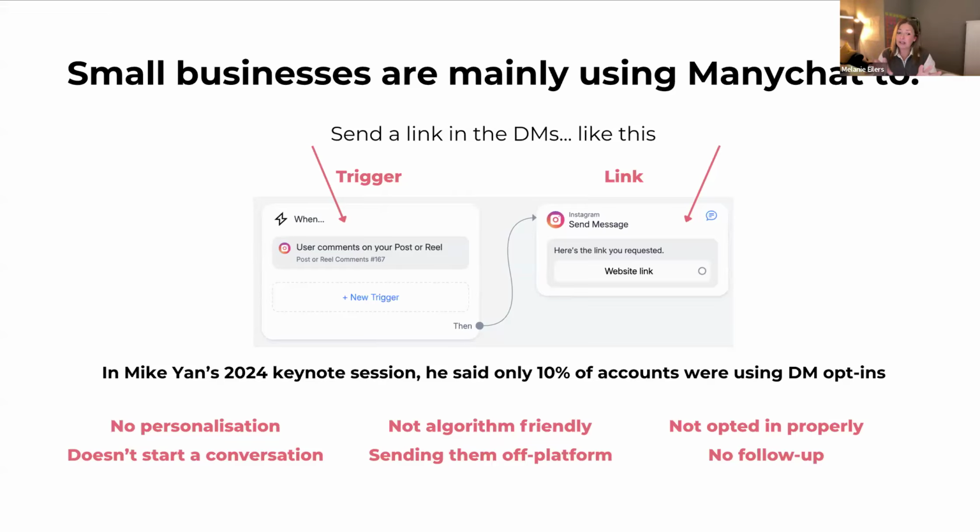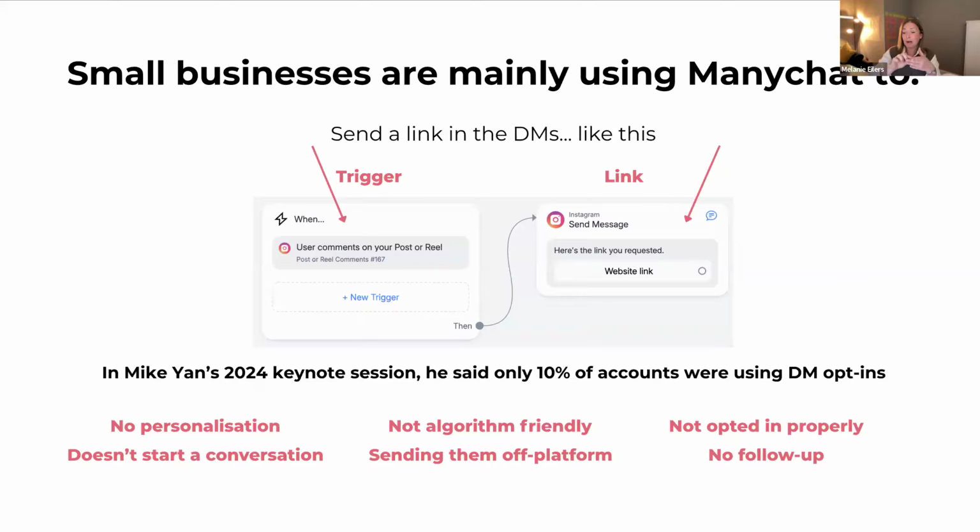And also the way that this is set up, the people are not opted in properly. So if you then try to send them a follow-up flow, it wouldn't send because they are not opted in properly. And to clarify, when you are opted in properly, it entails the user clicking a button within the chat flow. So yes, there is a button there, but that's taking them straight out.